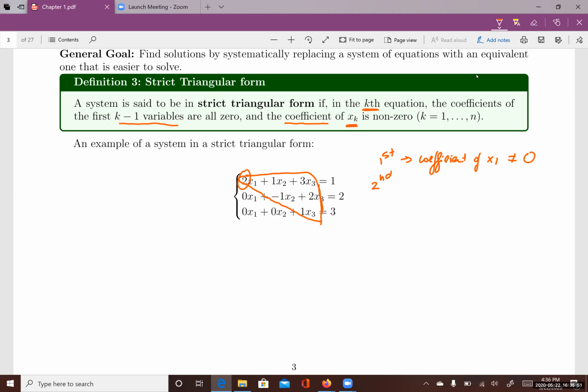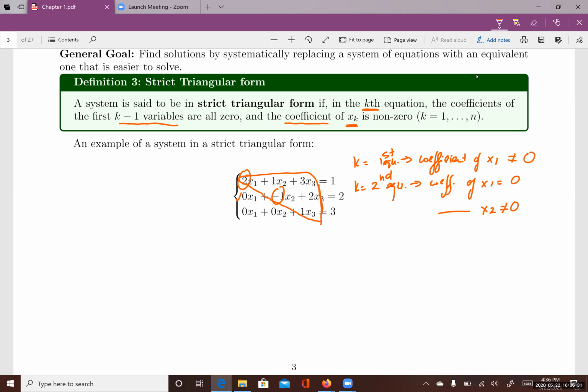How about the second equation? If you look at the second equation, you need to make sure the coefficients of the first k minus 1 variables are 0. When k equals 2, the coefficient of x1 should be 0. Yes, the coefficient of x1 is 0. And the coefficient of x2 should be non-zero, which is -1, so that works.